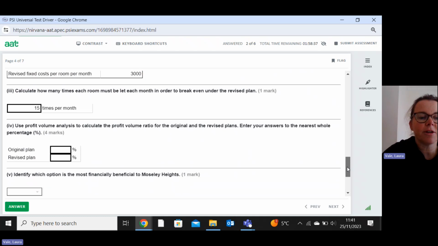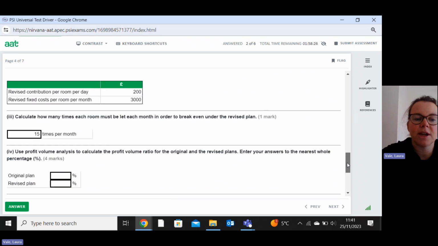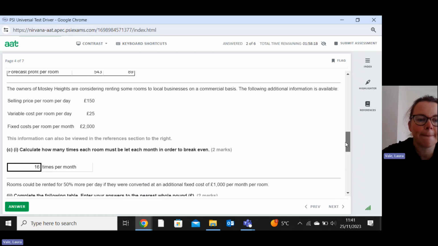Use profit volume analysis to calculate the profit volume ratio for the original and revised plans. Right, so the profit volume ratio is the contribution divided by the sales. So the contribution for the original plan was 125. The selling price for the original plan was 150.